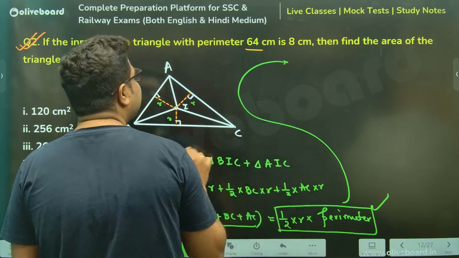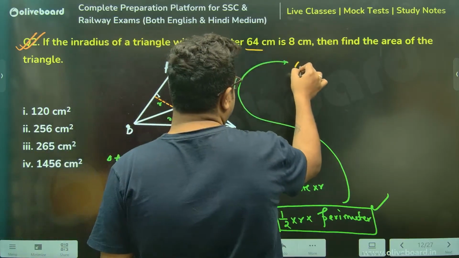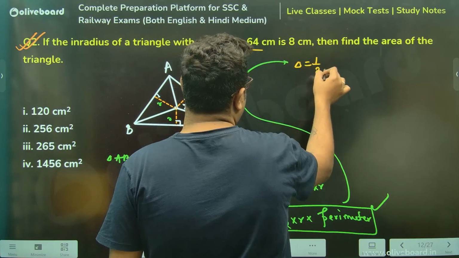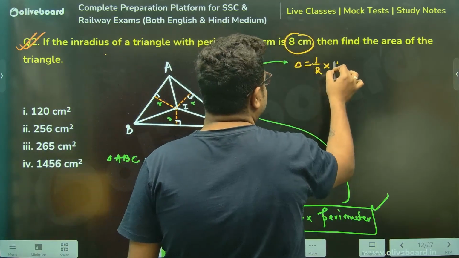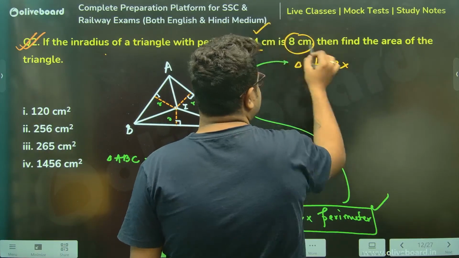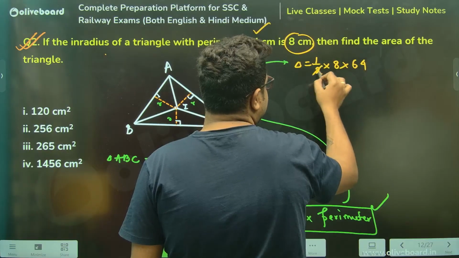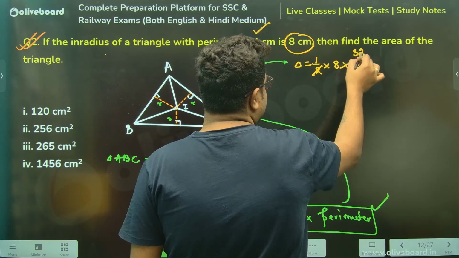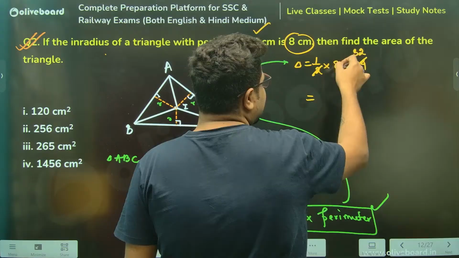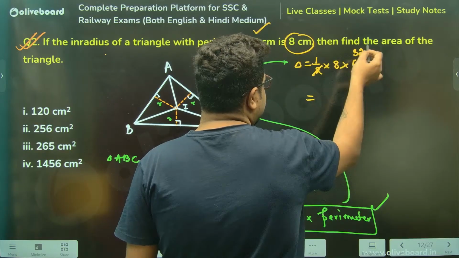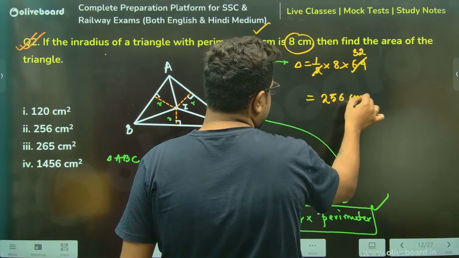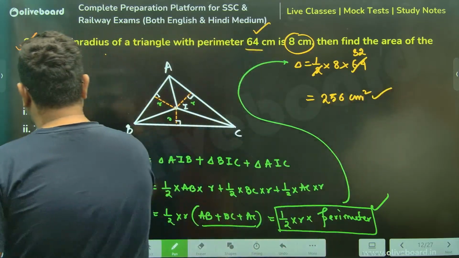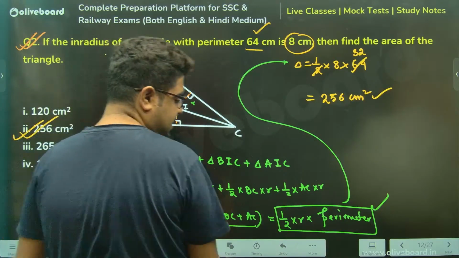So if you put down the values, half into inradius 8 and the perimeter is 64. So this is how much? 8 2s are 16, so 256 centimeters square.